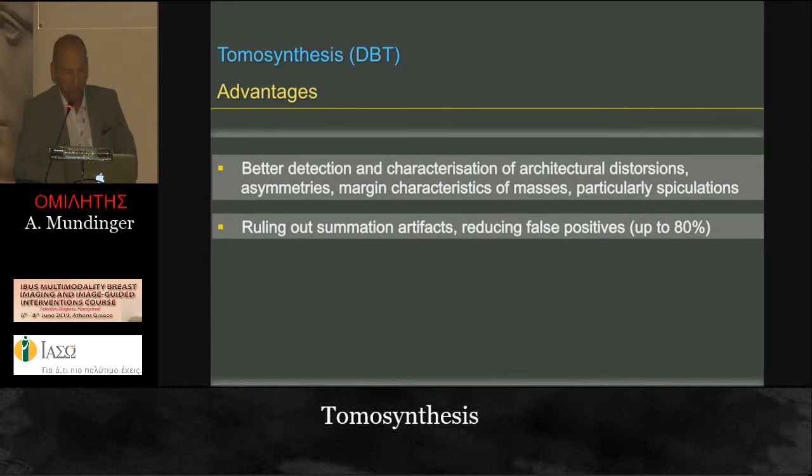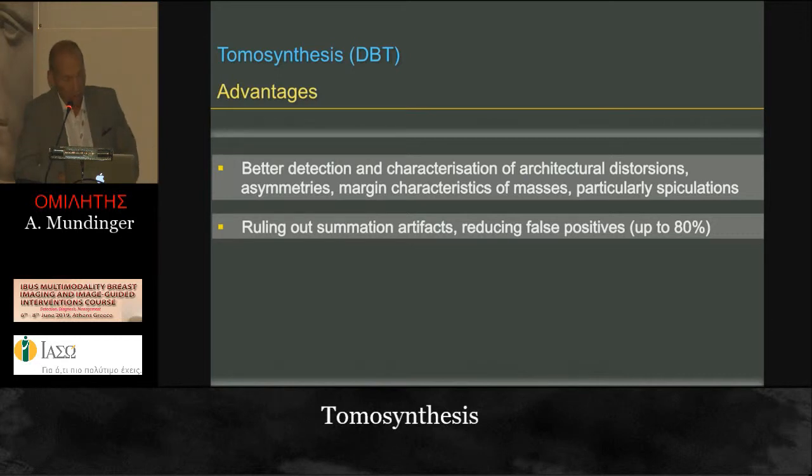I will come later to this case, but first let us focus on the advantages, which are once again a better detection and characterization of architectural distortions, of asymmetries, a better margin characterization of masses, and particularly the better visualization of spiculations.